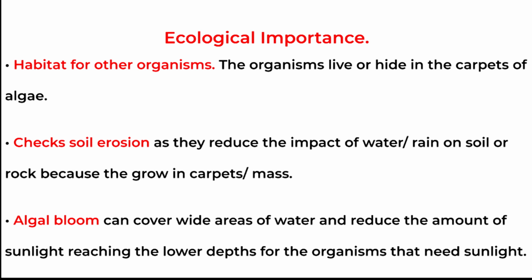Then algae cause algal bloom and cover the surface of water, and so they reduce the amount of sunlight penetrating the lower depths of water, reducing the sunlight and heat that is needed by plants to photosynthesize and also by animals to keep warm.